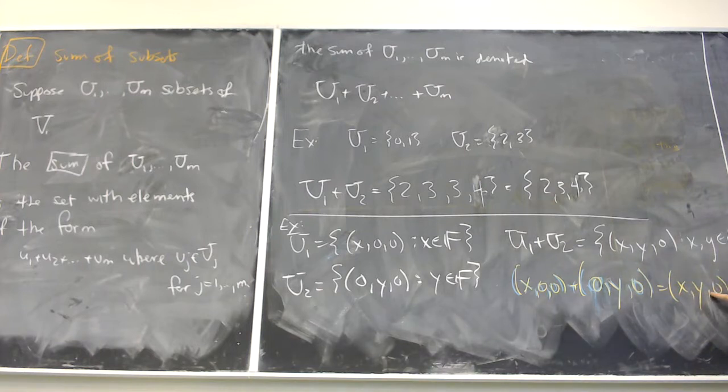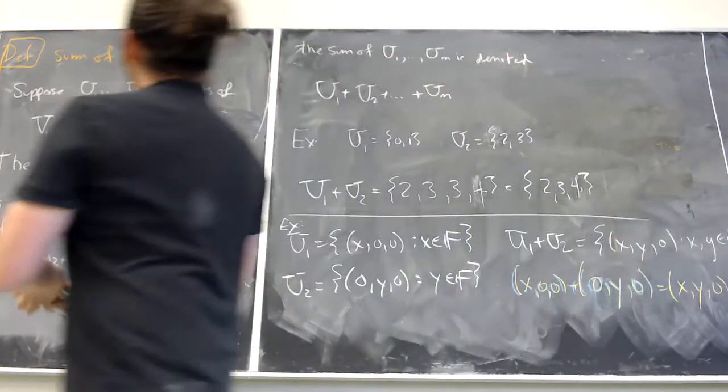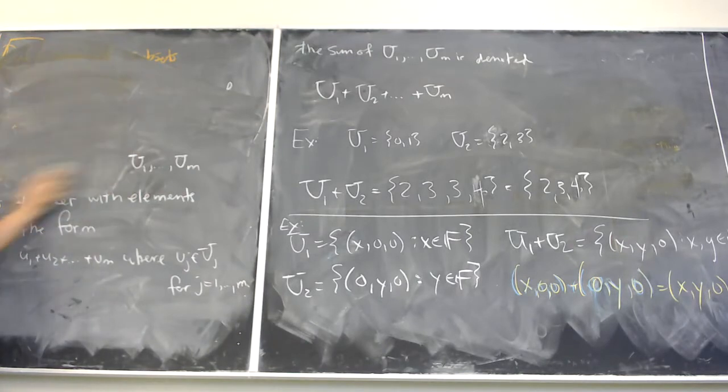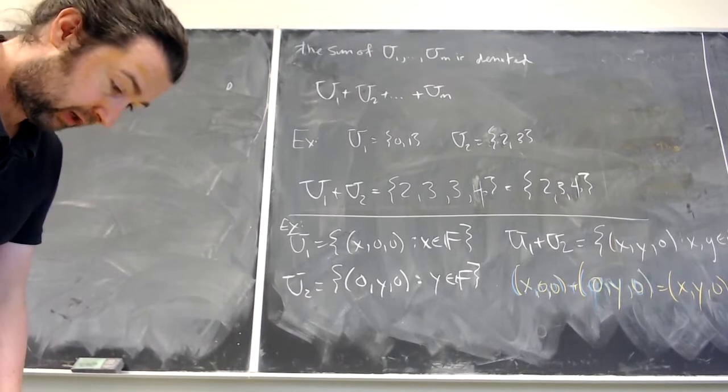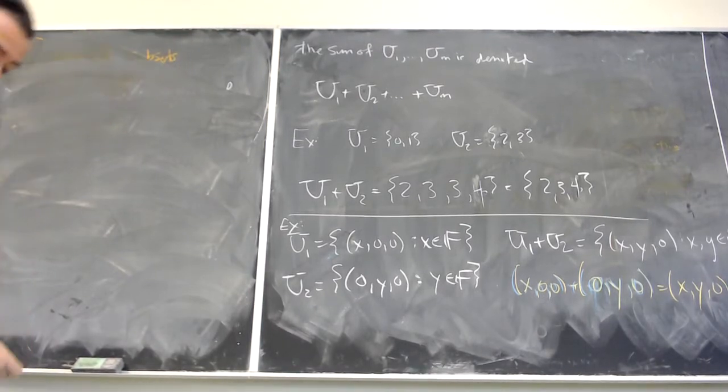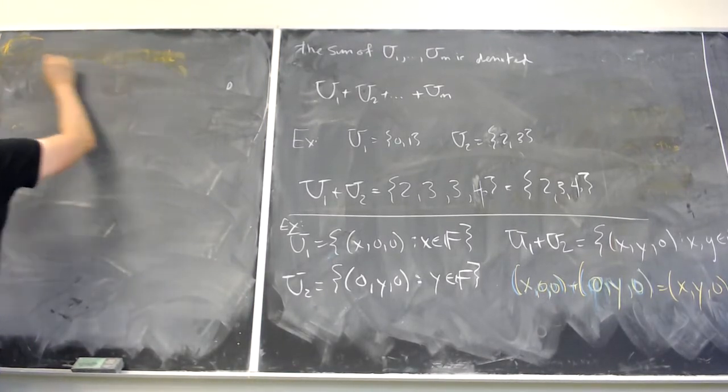That's where the vector addition comes in. Okay, notice I've not at all referred to subspaces yet, just set operations. I'm constructing new sets out of old ones by every possible sum combination of their elements. Okay, so now this is where we get the good property that this has, which is some proposition.